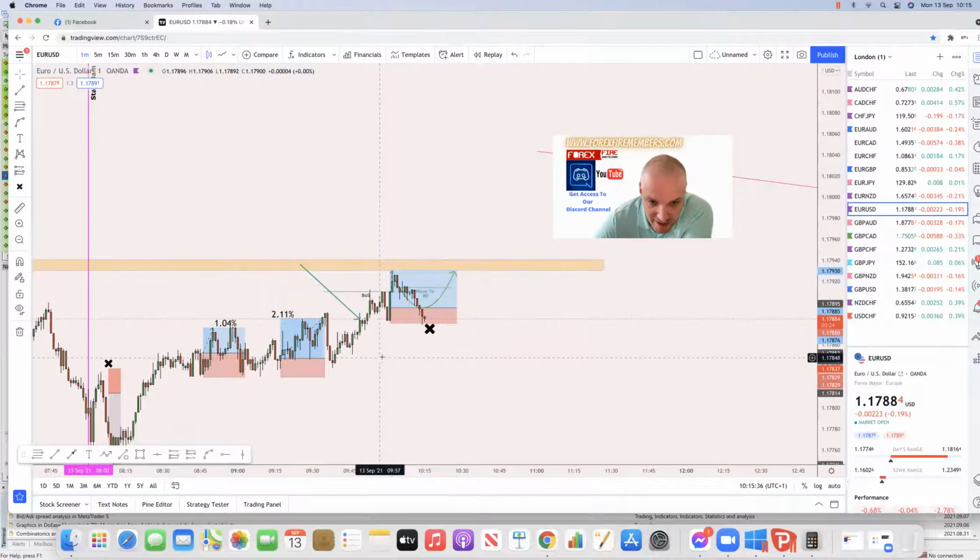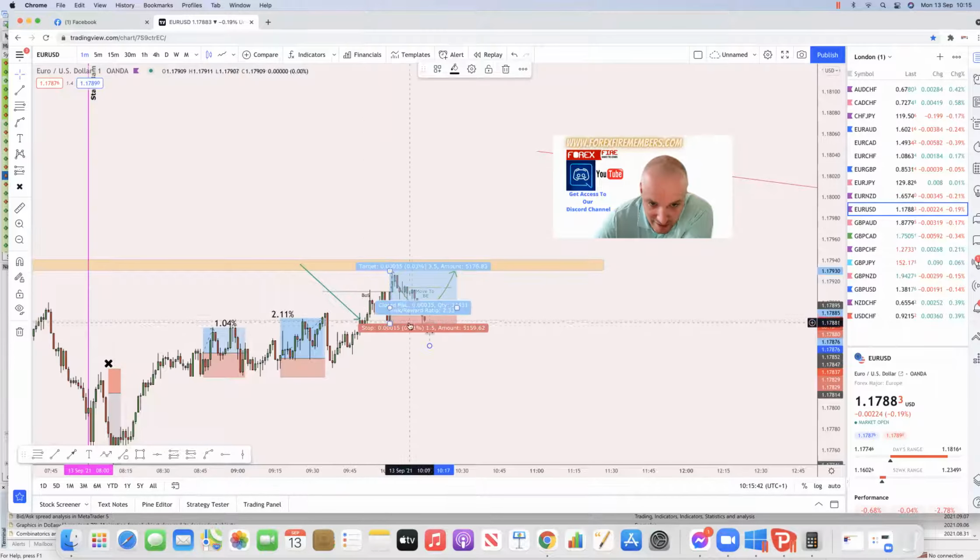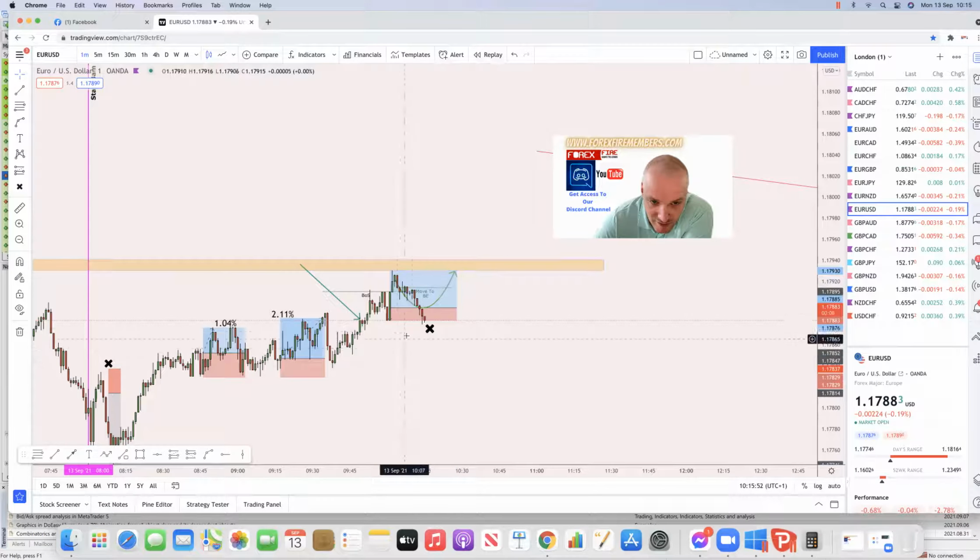We kept that there. I didn't see this at the time. However, it will be interesting to see if this actually goes down or comes back up without stopping through that there.